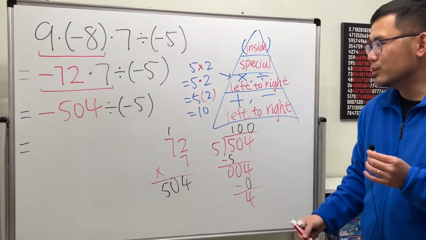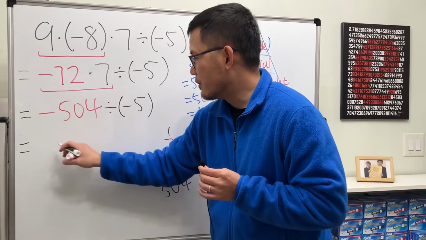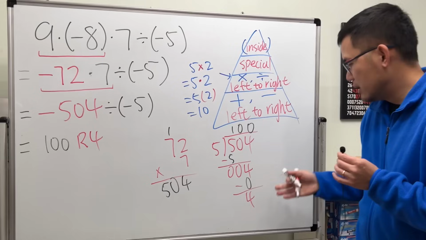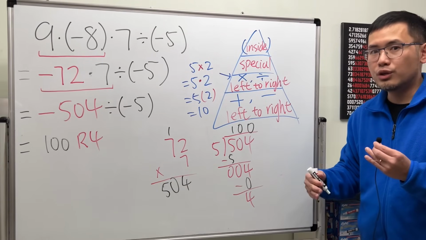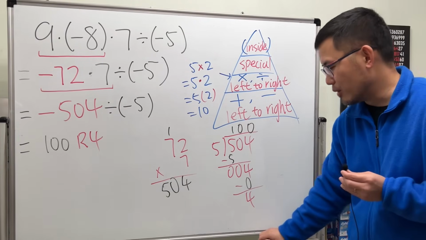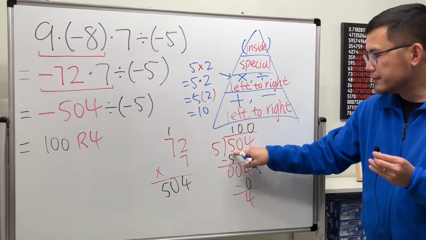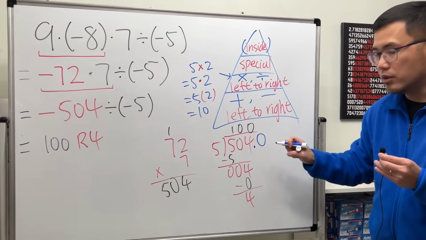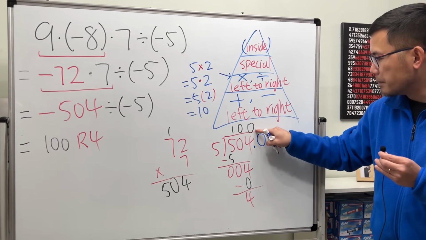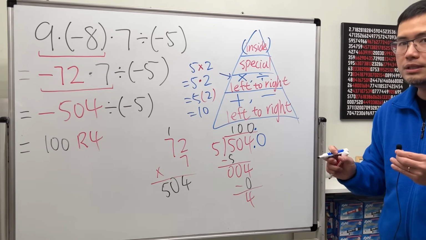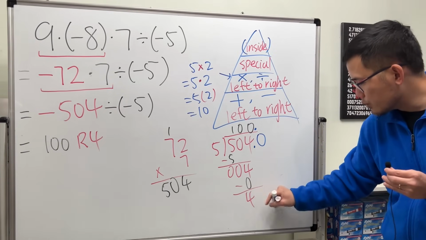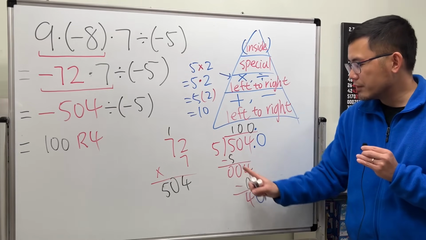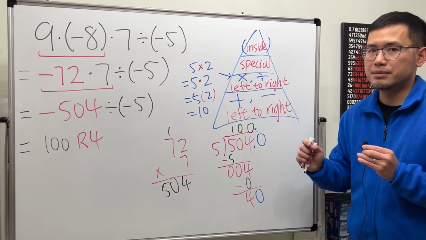Right here, what you can do is, you can either say the answer for this is 100 with a remainder of 4, like this, or you can just continue by using decimal. Because 504 is the same as 504.0, so go ahead, come out here, line out with a decimal point, and then bring down this 0 right here, and then you can ask yourself, 5 goes into 40 how many times?